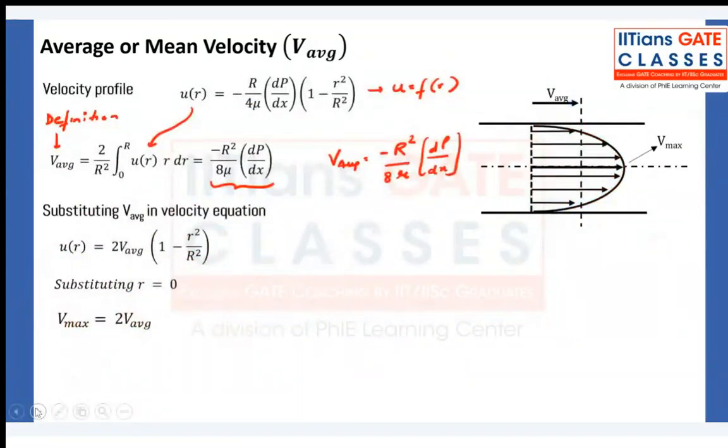Now I can substitute this here, since it is related to this. So what will I get? I'll get u(r) as a function of V average, because usually V average will be given in the question. So I need to define everything in terms of V average. u(r) is related to V average using this equation, and if I substitute r equals 0, that gives me V max.